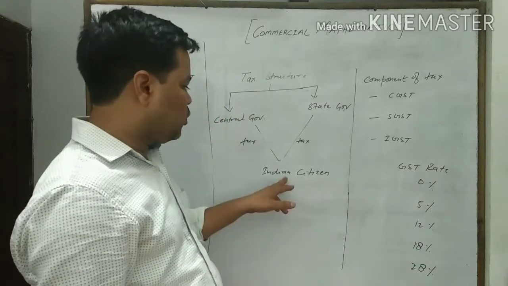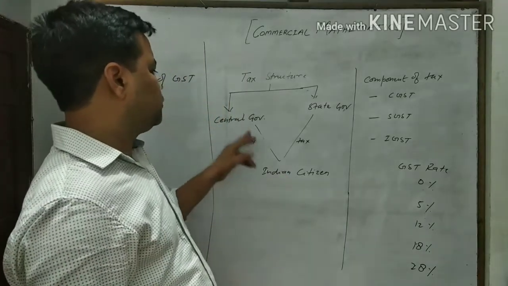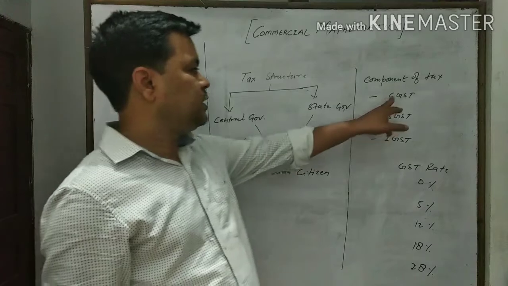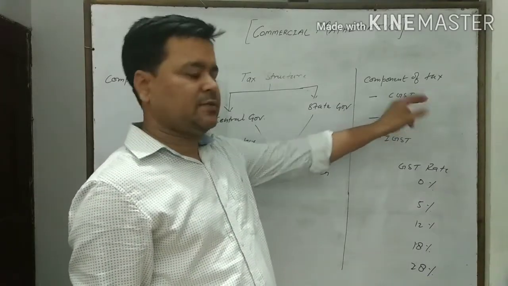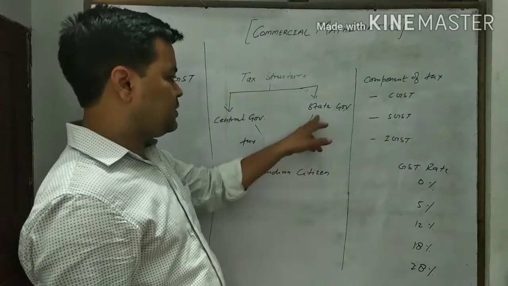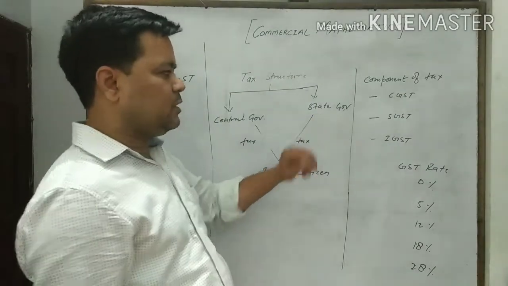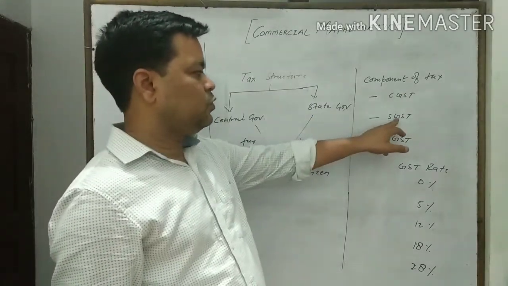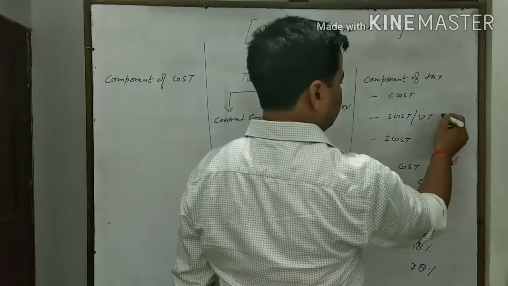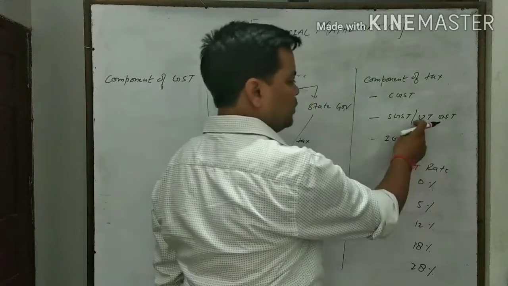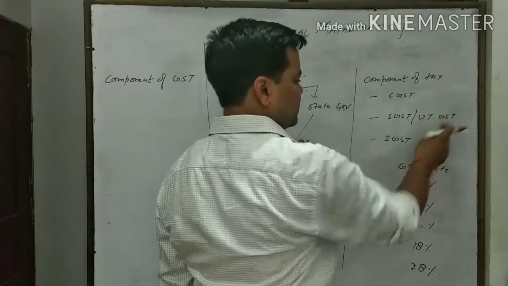Tax paid to the central government is known as Central Goods and Services Tax. Tax paid to the state government is called State Goods and Services Tax. This is also known as UTGST, meaning Union Territory Goods and Services Tax.